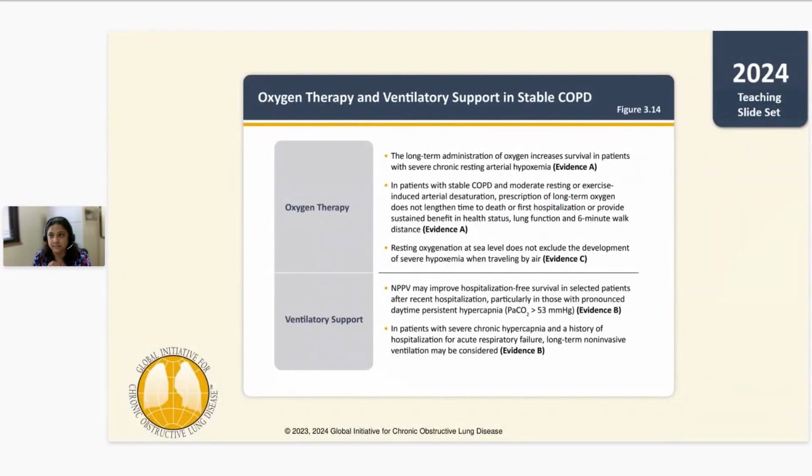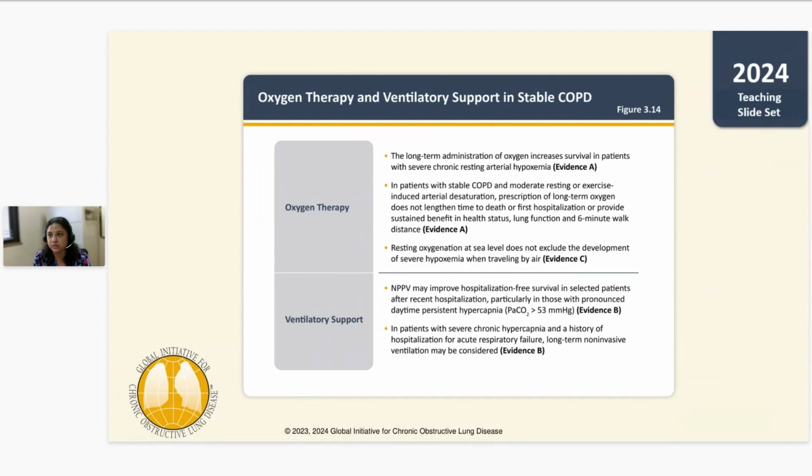Oxygen therapy has been shown to be helpful in a subset of patients with COPD. So, the long term administration of oxygen increases survival in patients with severe chronic resting arterial hypoxemia. This is very well supported by evidence.